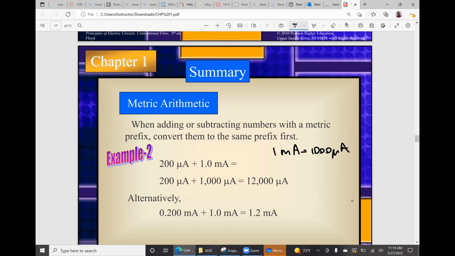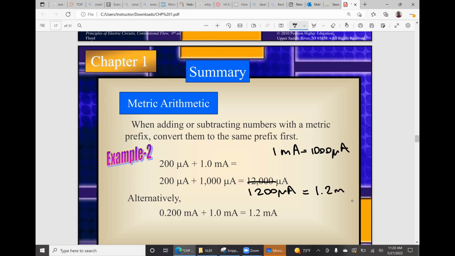So we can say that this is 200 microamps plus 1,000 microamps, which will give us, okay, this is incorrect here. 1,000 plus 200 is not 12,000. Tripping. So this is 1,200 microamps, right? And if you want to convert this back to milliamps, it's going to be 1.2 milliamps.